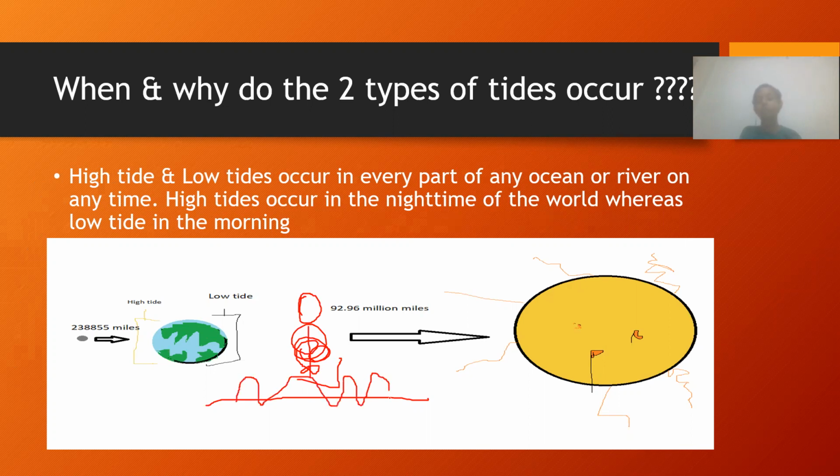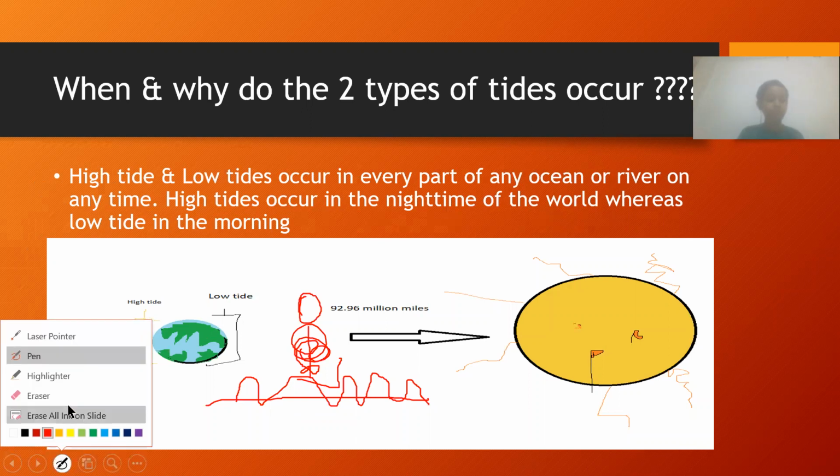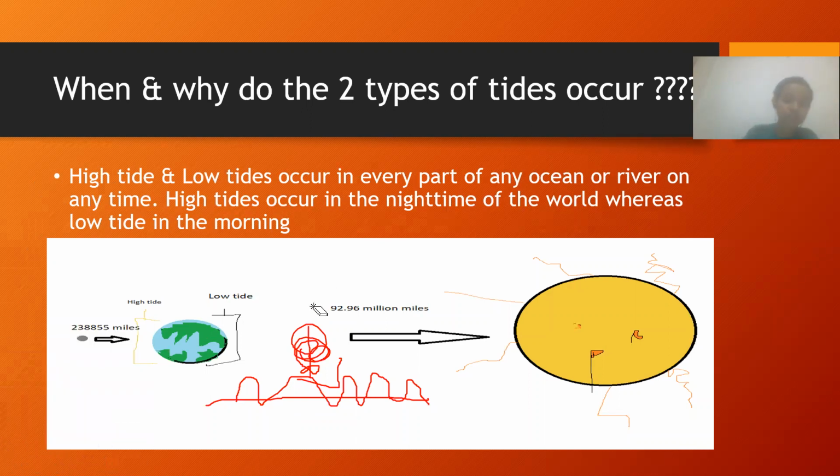It is pulling the waves up. So that thing is called tides. Because of the sun's gravity, tides occur, but low tides. Low tides.